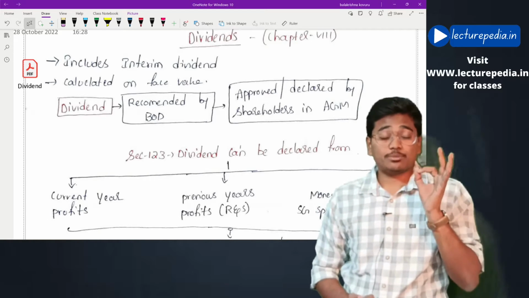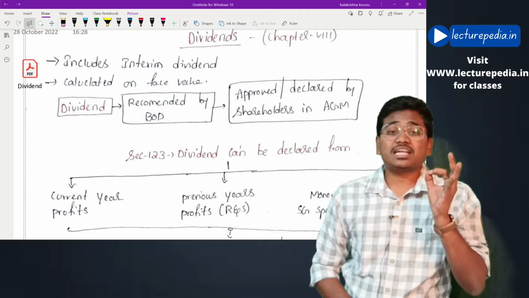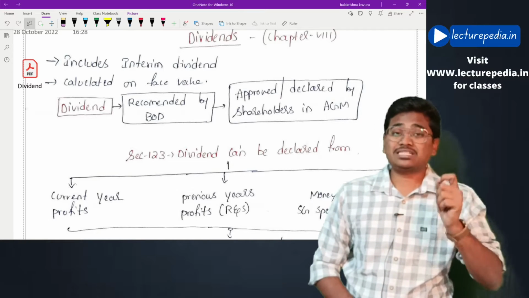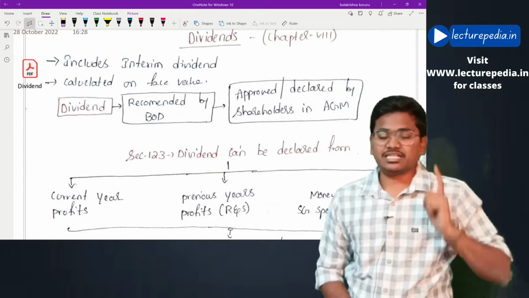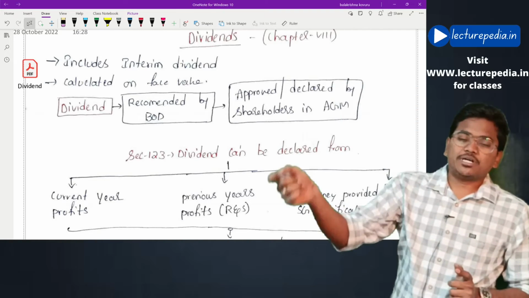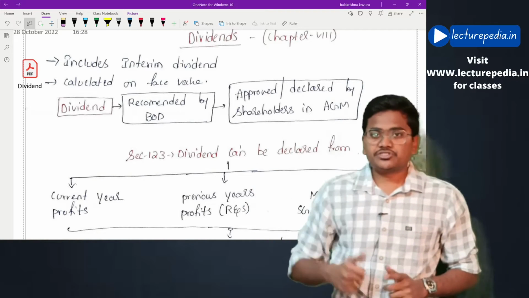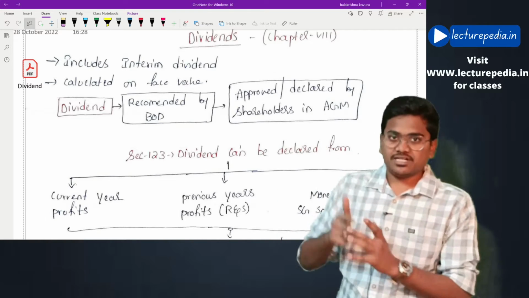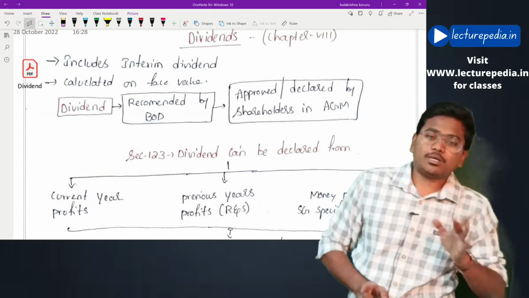You should observe my terminology. The board of directors will recommend the dividend. They will not declare. Once the board of directors recommend the dividend, that recommended dividend will be approved by shareholders in the general meeting. That is, shareholders will declare the dividend which has been recommended by the board of directors.